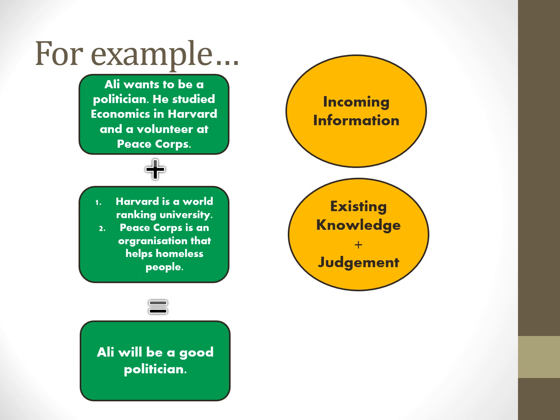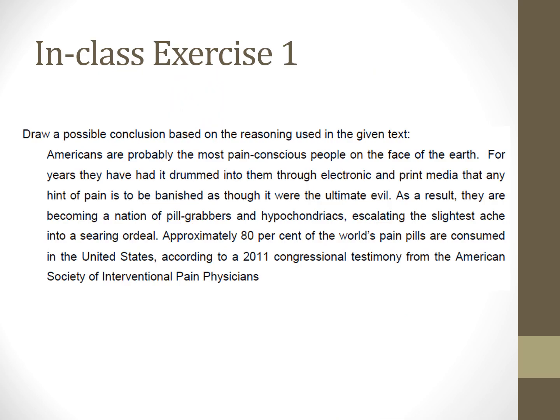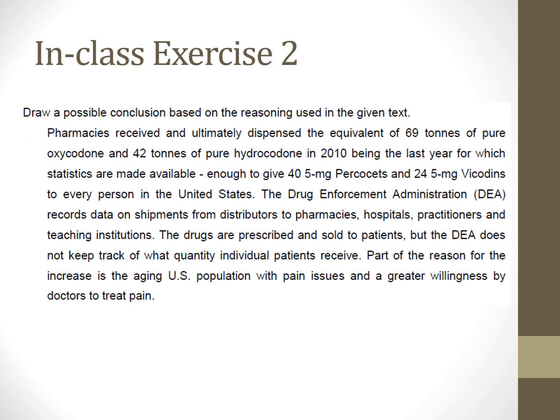So Ali will be a good politician is your conclusion, because in this conclusion you have included a little bit of judgment, because you say that he will be a good politician. That good means a criteria of judgment. So in-class exercise number 1 you can do on your own, and in-class exercise number 2.